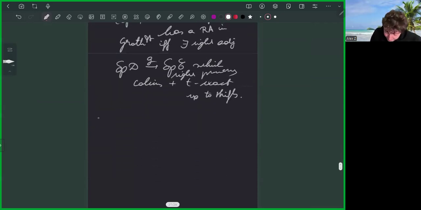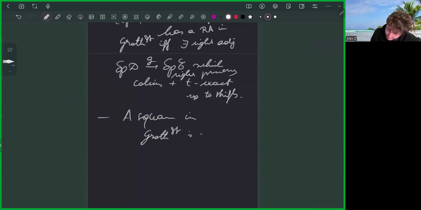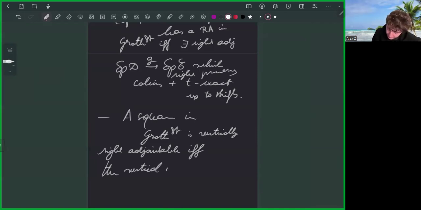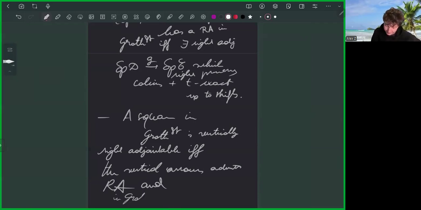And the really, really last claim, and that's it, is that a square in Groth ST is vertically right adjointable if and only if the vertical arrows admit right adjoints, and so right adjoints in Groth ST, and the underlying square in PRL ST is right adjointable.